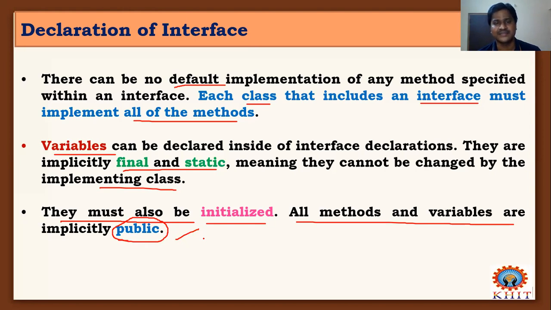And the class is going to implement the method defined by the interface and declare that method as public. It is a condition that the method defined in the interface, implemented by this class, must be public. Got it? And we will see all these points one by one in the programming examples.